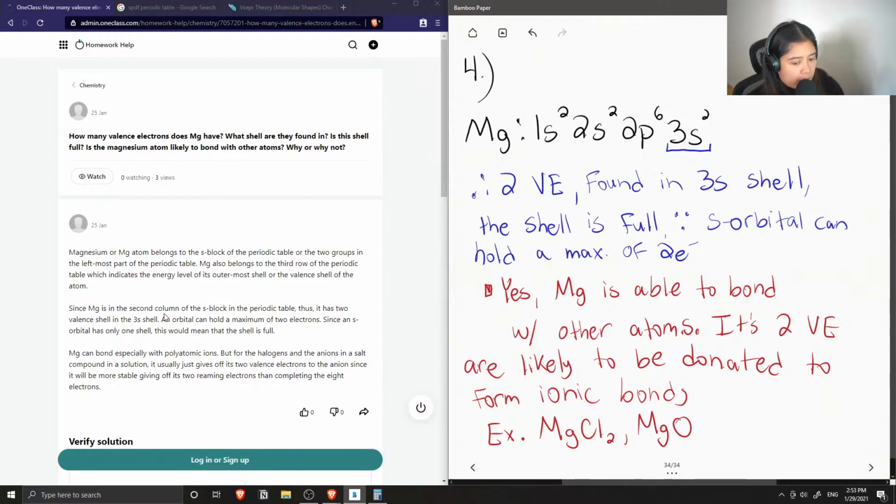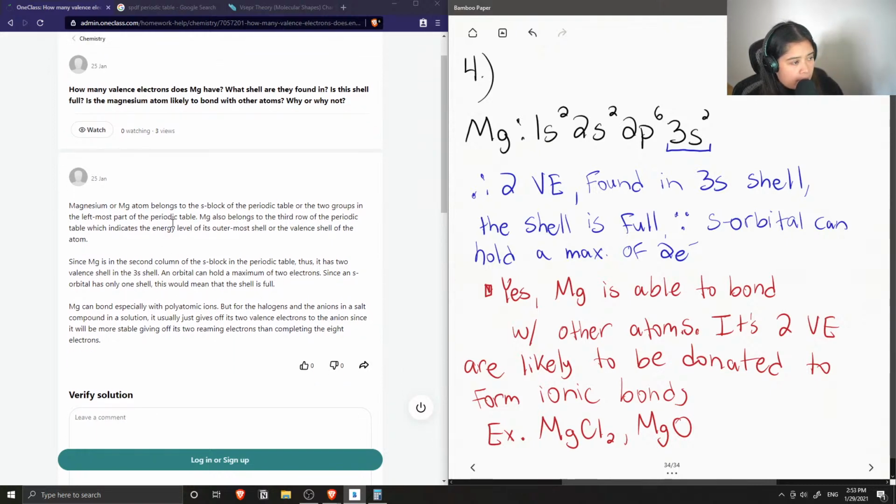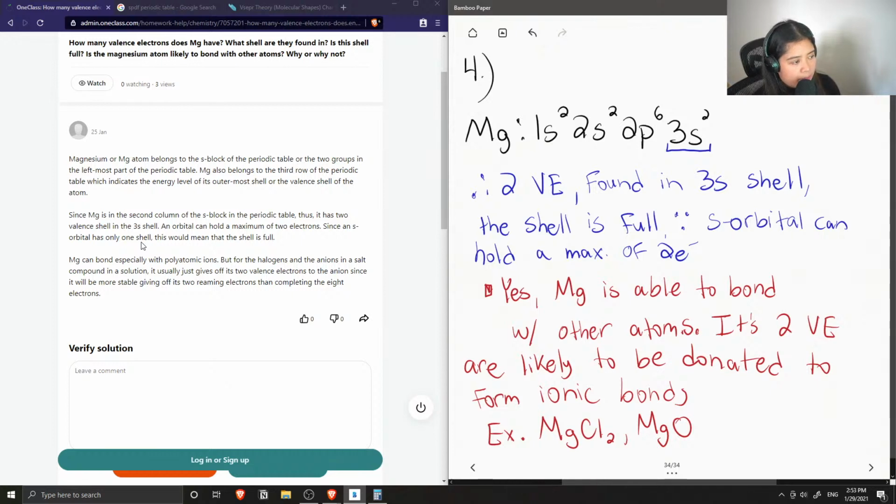So the junior tutor said that magnesium belongs to the S block of the periodic table, or the two groups in the leftmost part of the periodic table. It belongs to the third row, which indicates the energy level of its outermost shell, or the valence shell of the atom. Since magnesium is in the second column of the S block, it has two valence electrons in the 3s shell.